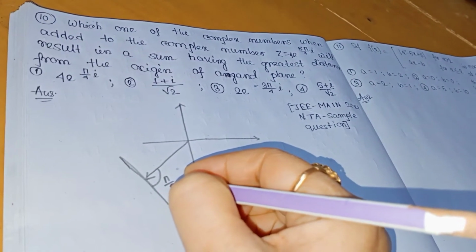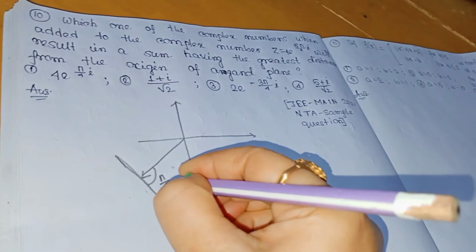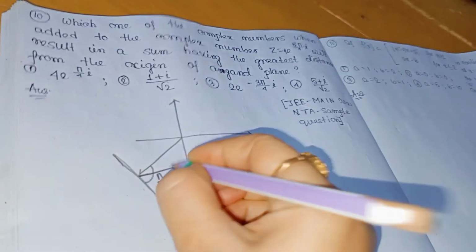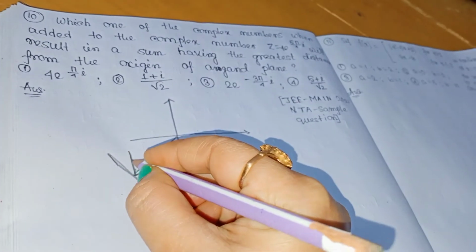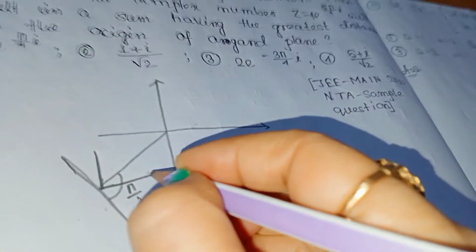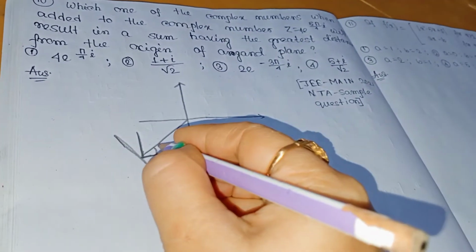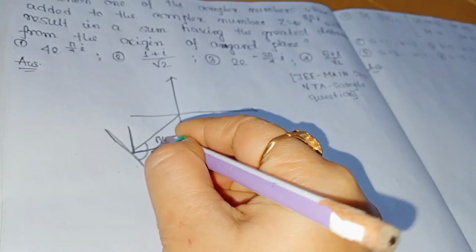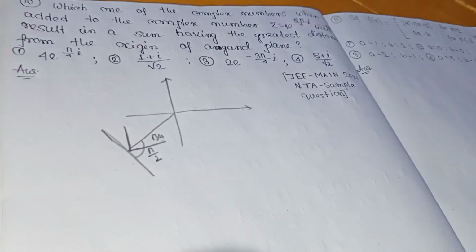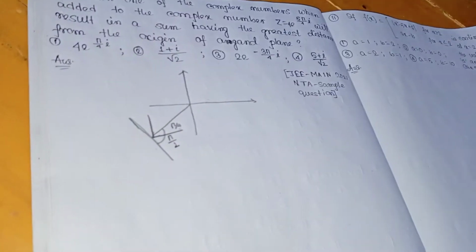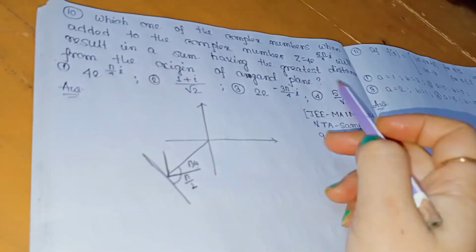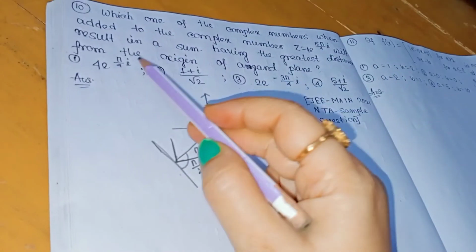This angle is pi by 2, and when we plot, this one is pi by 2, pi by 4, and this one is pi by 4. We should calculate the greatest distance from the origin.